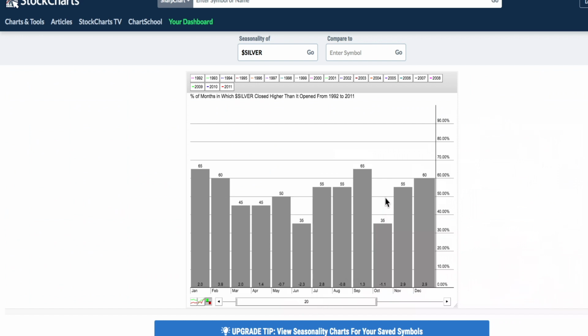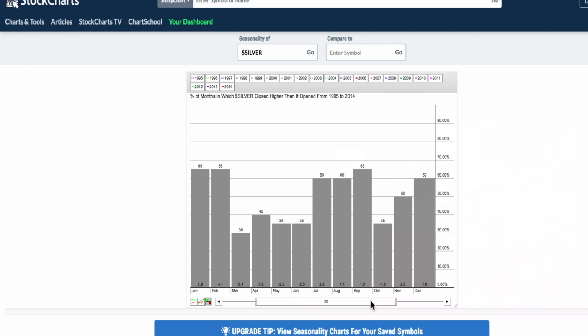Keep sliding it. September is always a little stronger, way stronger than October. That's from 1993 to 2012. You see how the seasonality is very strong, while October is weak. Look at that. Keep going. It's hovering around 60.